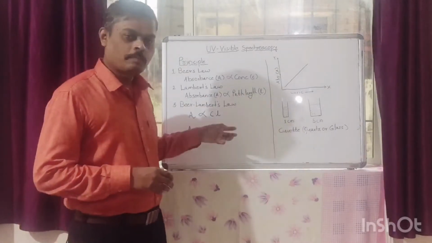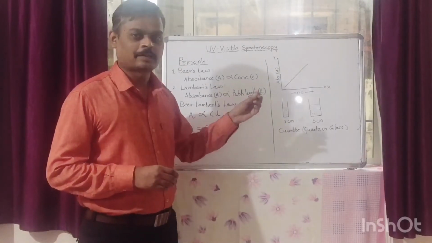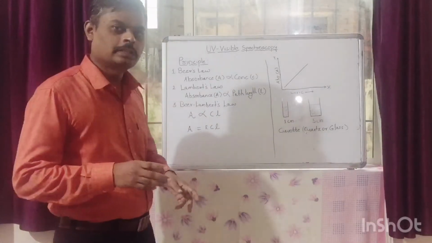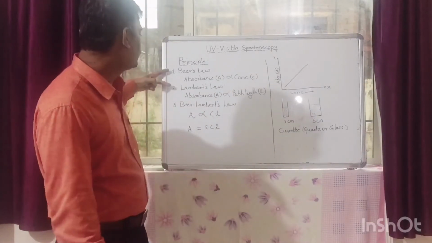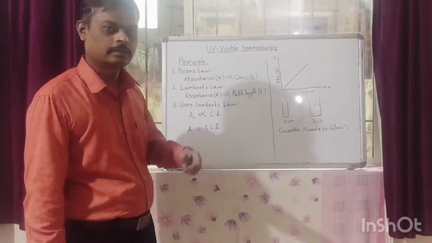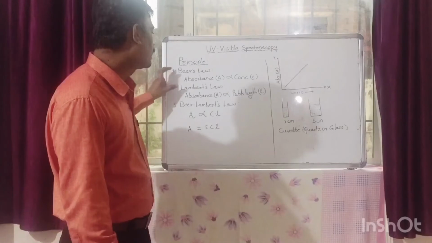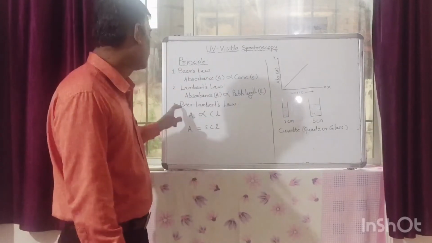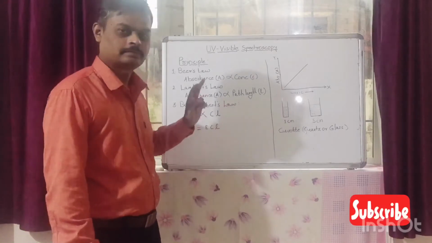The working of the UV visible spectrophotometer is based on a combination of these two laws, Beer's law and Lambert's law. If we combine these two laws, it is called the Beer-Lambert law.